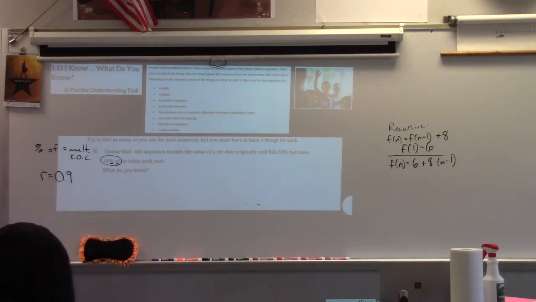Why would it be 0.9 and not 0.10? What percent of the value do you start with? Well, you start with 100%, right? You start with the entire value of the car. But every year, what percent of the value are you losing? So what percent are you left with?